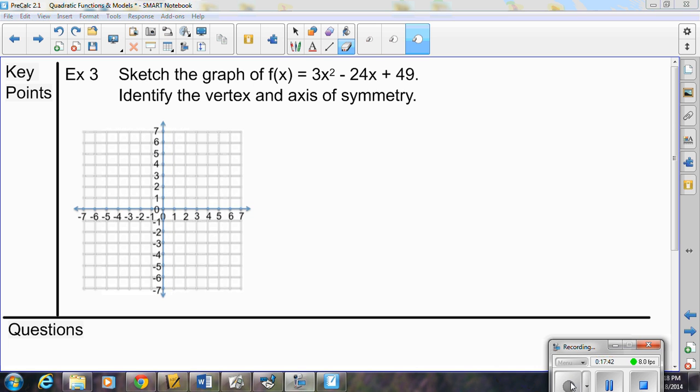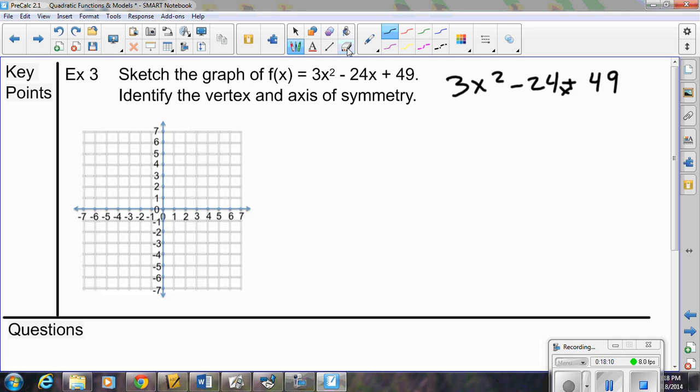I would much rather take advantage of standard form. If we can use some algebra to rewrite this equation into standard form, then we can get the vertex instantly, we can get the axis of symmetry instantly, and we could quite quickly get some of the other points that will allow us to graph the function.